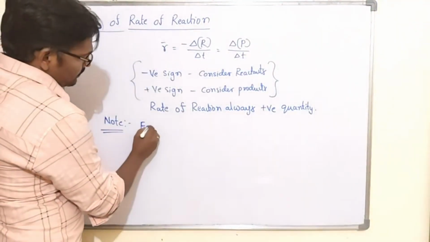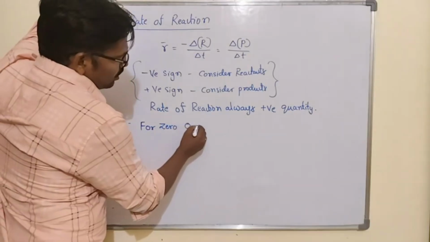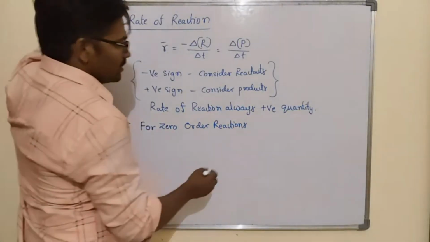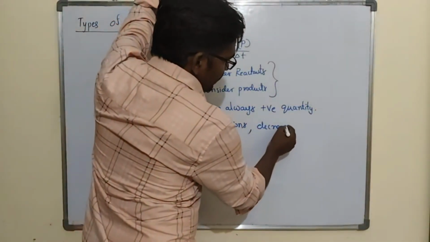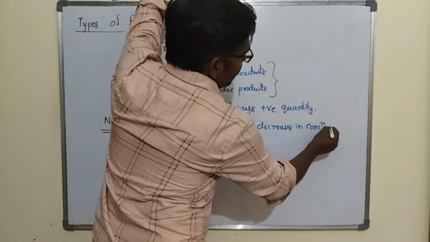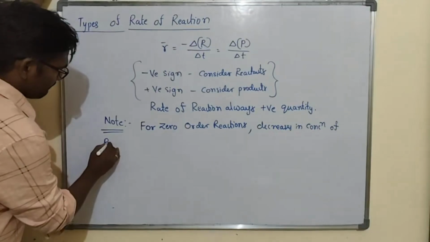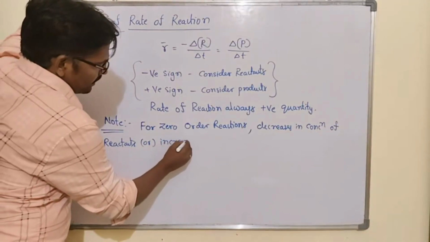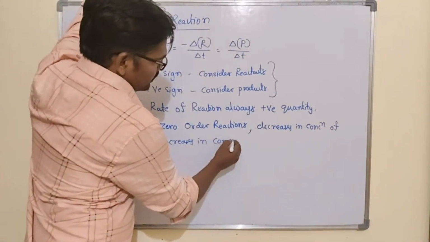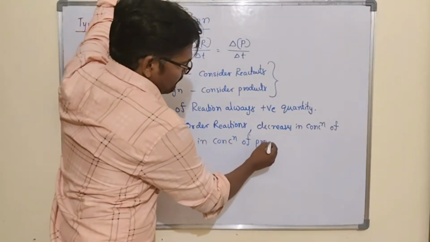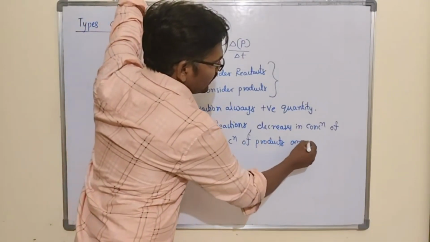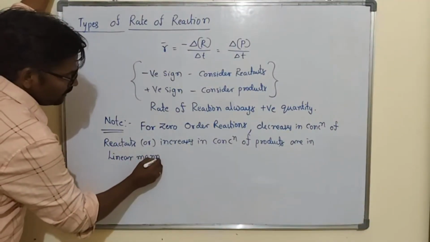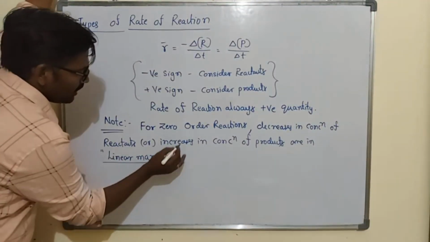What I told: for zero order reactions, the decrease in concentration of reactants or increase in concentration of products is in a linear manner. How it is linear, that we'll discuss.